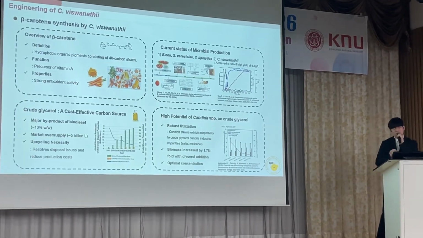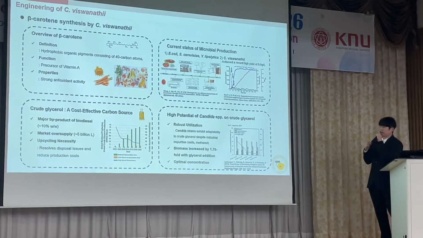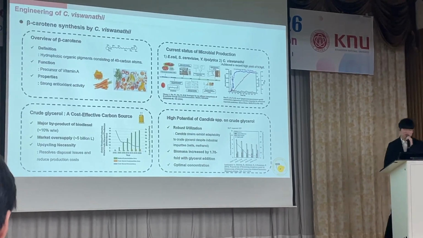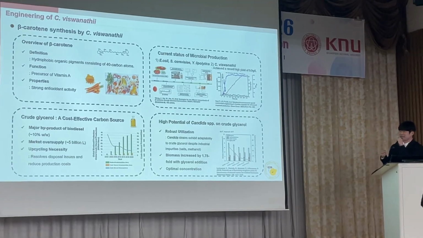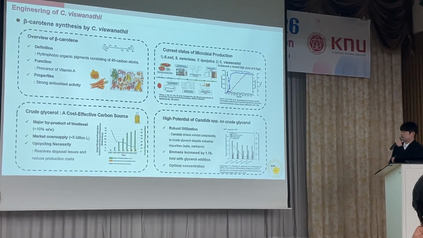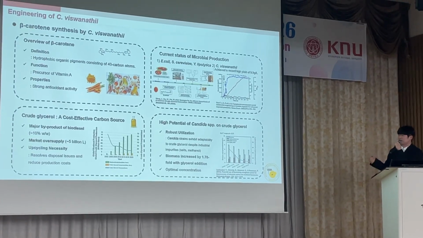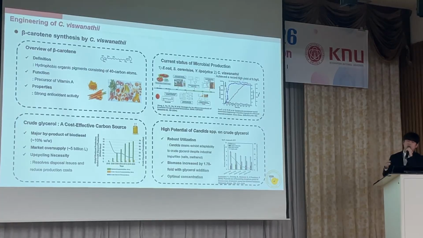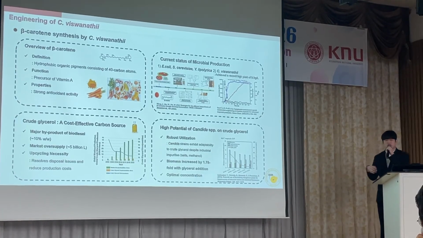I can say that Candida viswanathii can use crude glycerol very well. So we could do a food bio-upcycling process using crude glycerol because it is very cheap. So I think this strain has very high potential to produce beta-carotene or DCA or DDA or many other potential products.